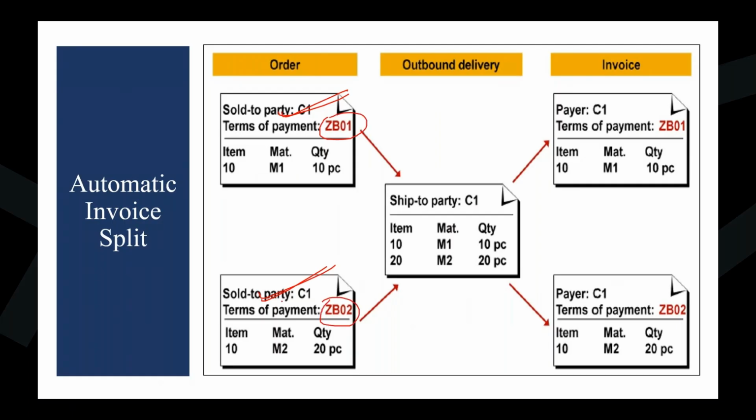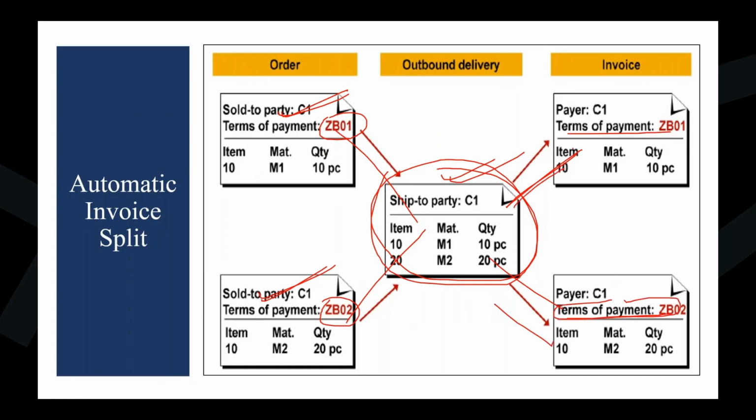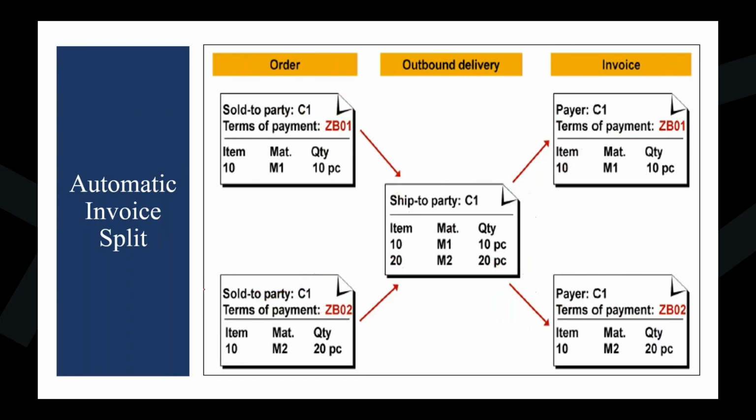For these two sales orders you can create one single outbound delivery. But when you try to create the invoice, the system will split because the terms of payment are different. Even though it is one outbound delivery, the system will still split it into two invoices. So now let's see this in the system.